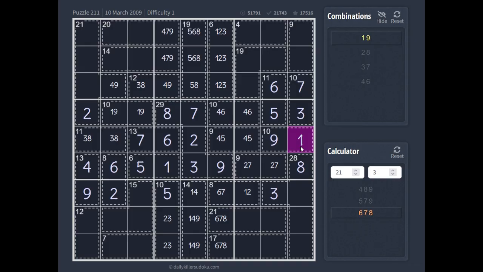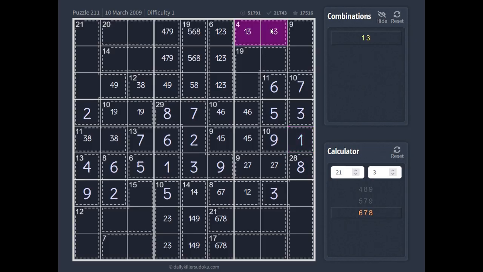But I hope you enjoyed this, kind of a basic tutorial on how the shapes formed by the cages can inform values when they stand outside or don't complete a row, column, or box, or multiples of rows, columns, and boxes. So here goes.